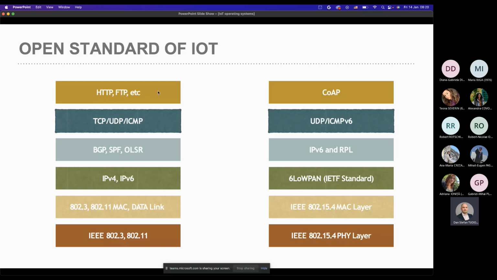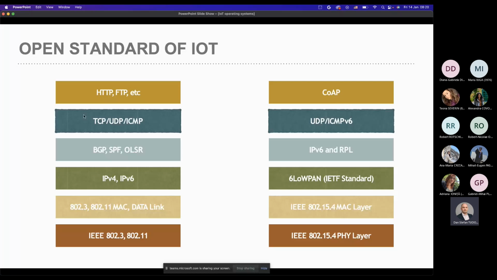For example, for computer networks, we have HTTP and FTP as high-level protocols. Here, most of the devices do not employ FTP or HTTP due to size and processing power constraints. What you're going to see more often is CoAP as an application layer protocol, Constrained Application Protocol, as its name stands for. I think we have briefly touched upon CoAP in a previous lecture.